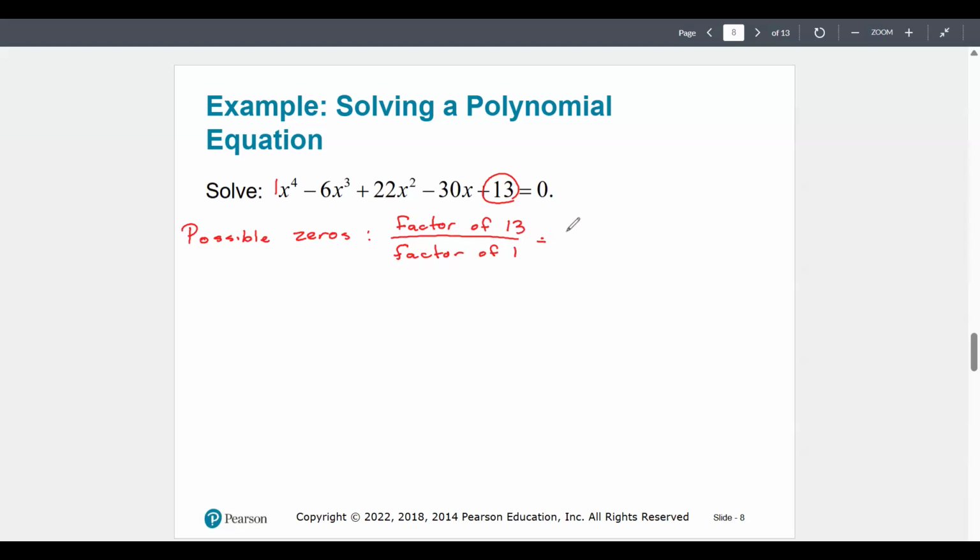We can have plus or minus 1 on top, or plus or minus 13, because those are the only factors of 13, and my only factors of 1 are plus or minus 1. So my possible zeros are plus or minus 1 over 1, or plus or minus 13 over 1, meaning it's just plus or minus 1 or 13.